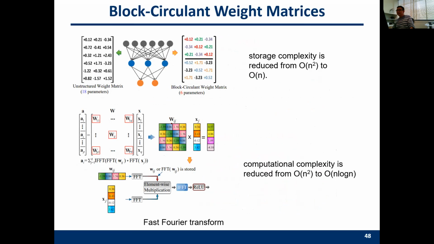The last scheme I want to introduce is the so-called block circulant weight matrix. The convolution computation is actually the multiplication between two matrices like this. We have a weight matrix, we have a vector of input, and then we can do the matrix vector multiplication like this.